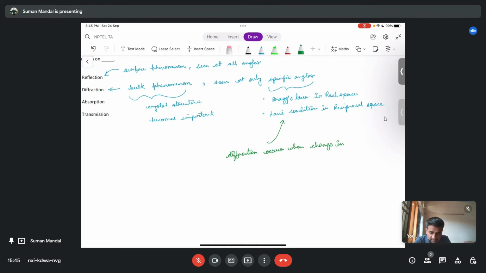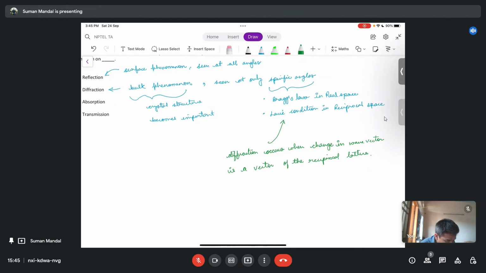The change in wave vector is a vector of the reciprocal lattice. It's a statement form of the Ewald sphere concept.